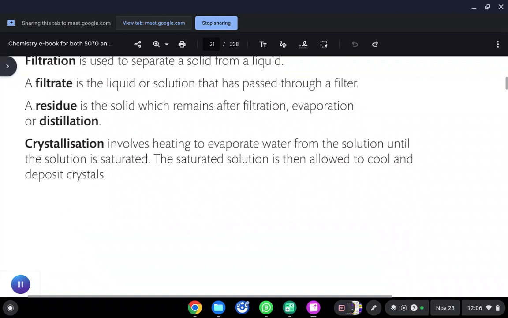It is not that you continue heating till all the water has evaporated. No, we will stop heating when we find that the solution has become saturated. Now, what does saturated mean? Can anyone tell me the meaning of saturated here?